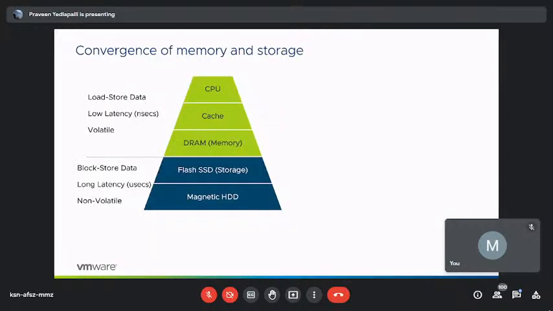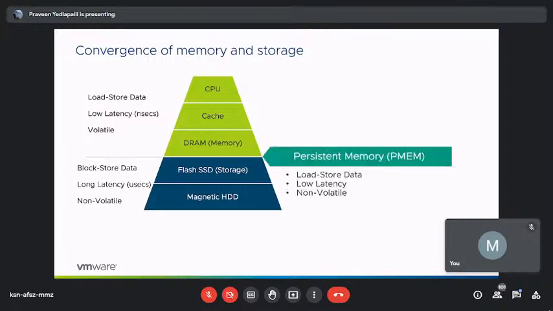is the topic of today's talk, which is, again, I'm showing this pyramid. There is this new technology called persistent memory, which is a combination of memory and storage. So it takes the good thing about memory, which is low latency and load store semantics.